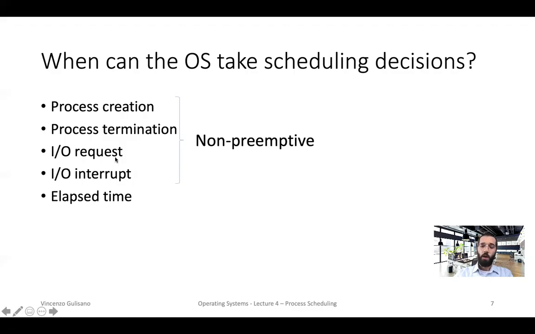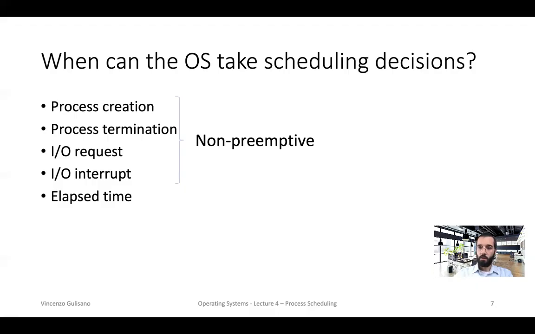On the other end, we have an additional point in time to take scheduling decisions, which could be elapsed time. So we could create a system in which every 10 milliseconds, we wake up the operating system and we let the operating system decide, should we keep running the process we are running now, or should we run a different process?